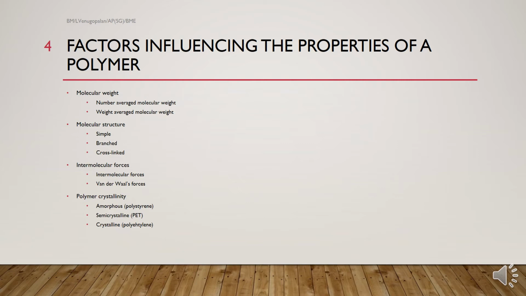So how do you calculate the molecular weight? If you do not know exactly how many molecules there are, then how do you calculate? For that, either you have to know the weight of the monomer, or you have to know the number of the monomer. If you know how many monomers are there in the chain, then you can use the number average molecular weight method.